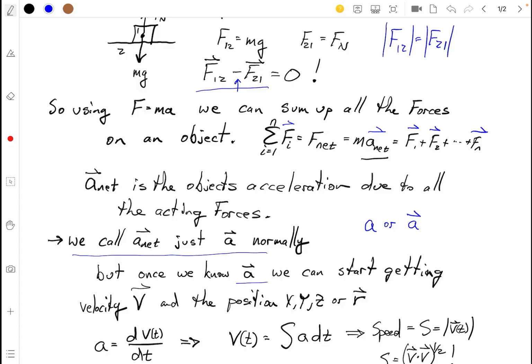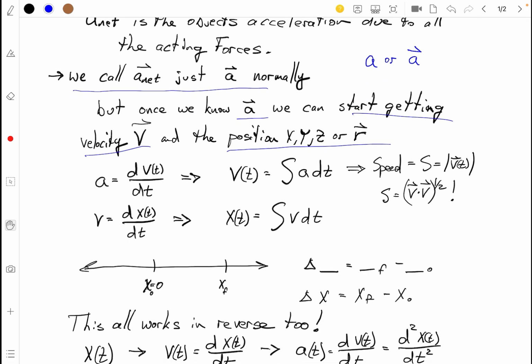Once we know A, we can start doing other things. We can start getting our velocity, and our position, our radial position, or our X, Y, and Z, or whatever. So how do we do that? We have A equals dv dt.